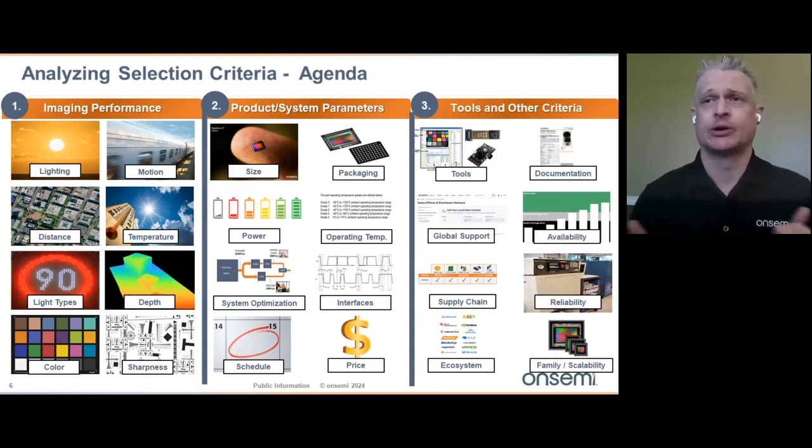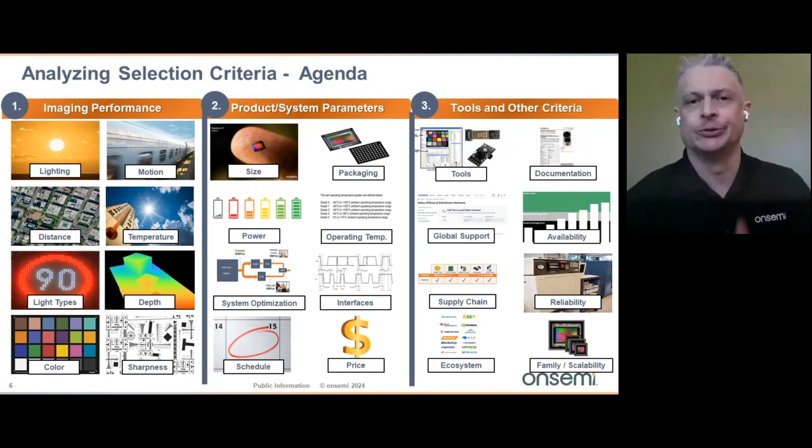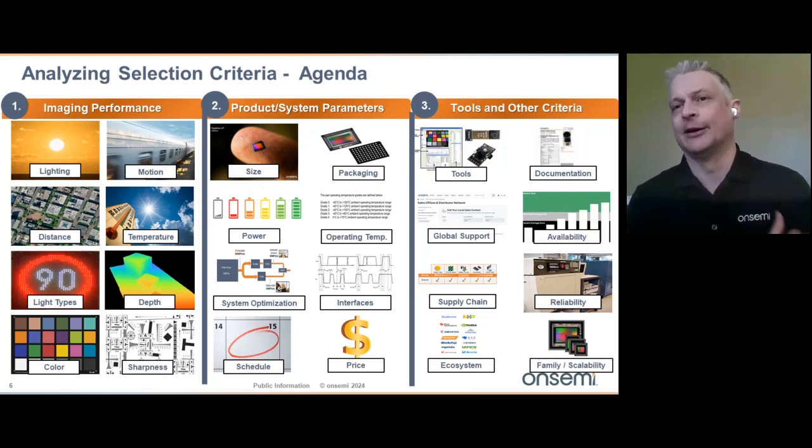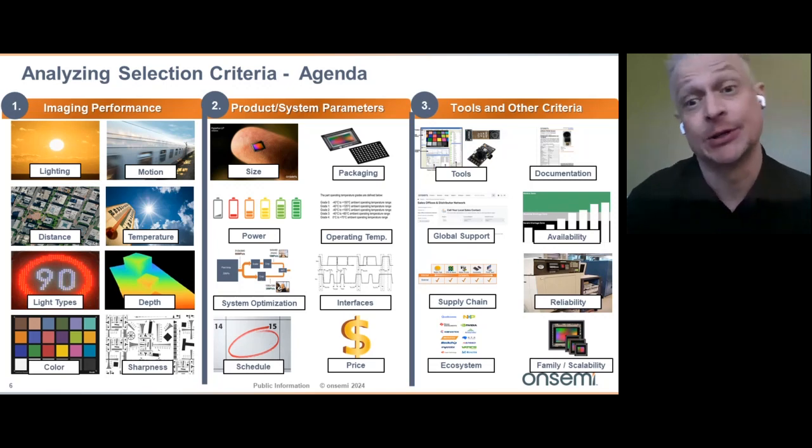Of course, power is a critical element in the choice. Just the device and the temperature with which it operates, depending on the application. Features that we can embed inside the actual image sensor to optimize the overall system. The interface that we use to talk to the system on chip, or the ISP, or whatever we're communicating with. Schedule, of course, is a critical element, and then the big one right there is the price too.